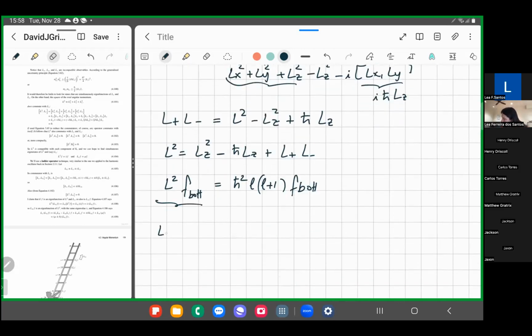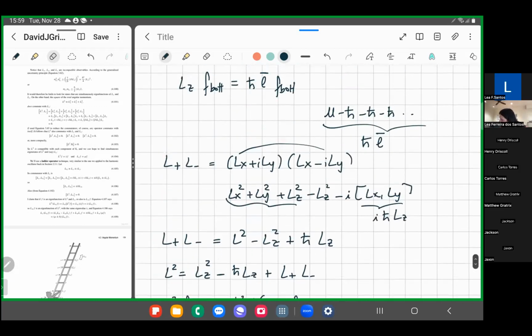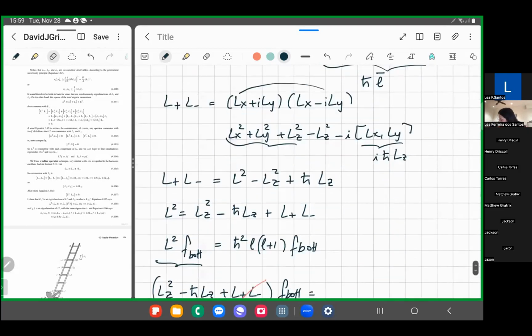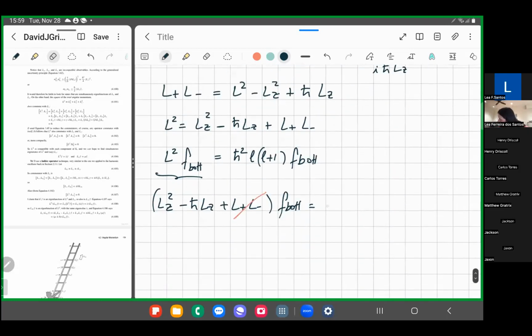We have Lz squared minus ħ Lz plus L minus L plus, all this acting on the bottom. As we said, L minus on that is 0. So what survives in this story? Remember, we wrote the eigenvalue with this form, ħ L bar. So what I'm going to have here is ħ squared L bar squared from the Lz squared, and from the Lz, I have minus ħ squared L bar, and that's it.